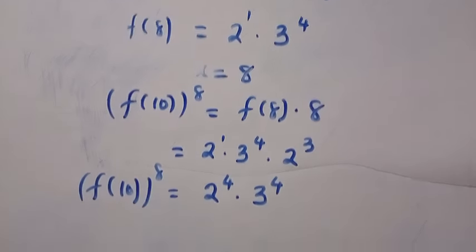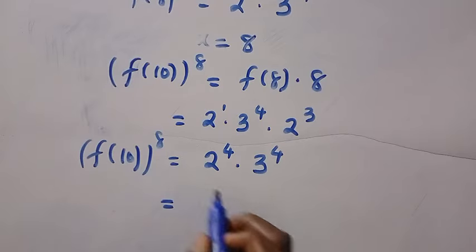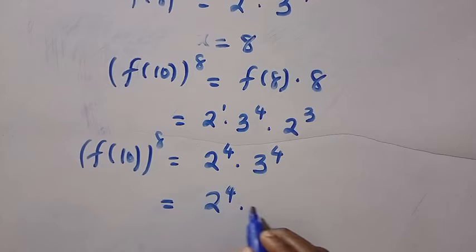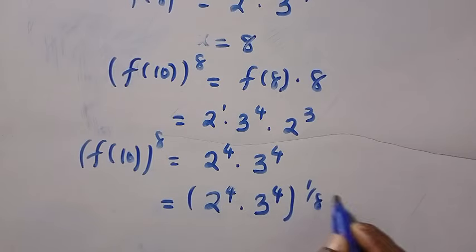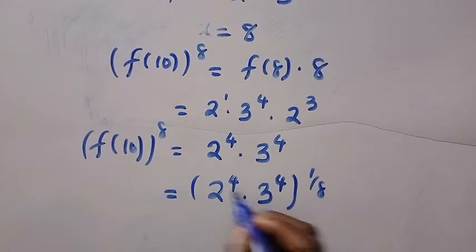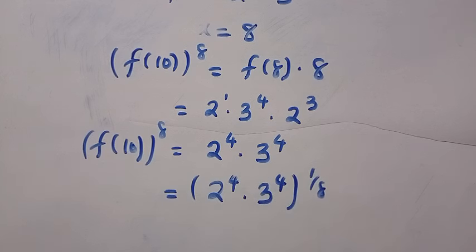So by taking the 8th root of both sides, we have 2 power 4 multiplied by 3 power 4, then all raised to power of 1 over 8. In the next step, we break this down by raising 2 power 4 by 1 over 8 and also 3 power 4 by 1 divided by 8.